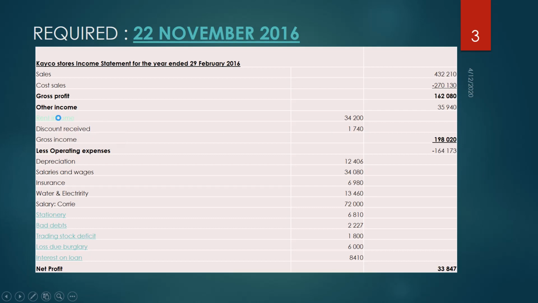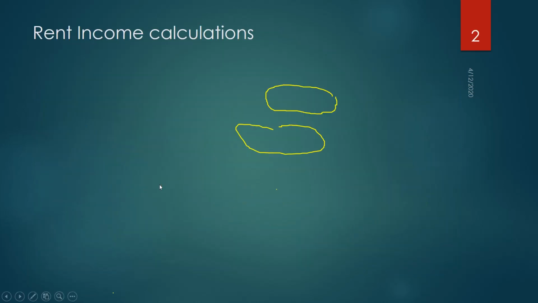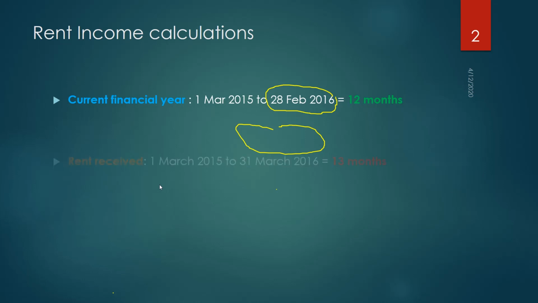I'm just going to go to the calculation slide, calculation of rent income. Firstly, I'd like to start by establishing the current financial year. Our current financial year commences on the 1st of March 2015 and it ends on the 28th of February 2016, and that makes 12 months.